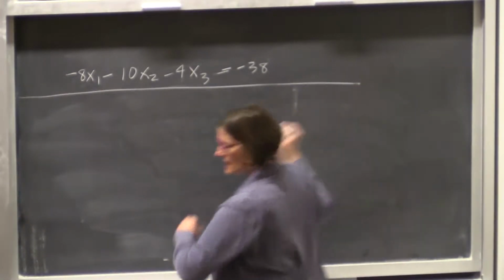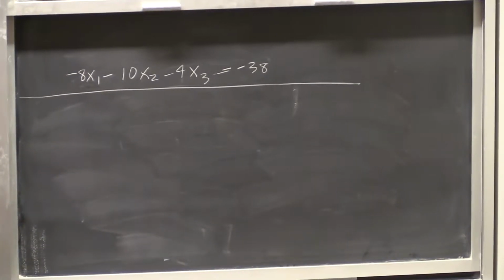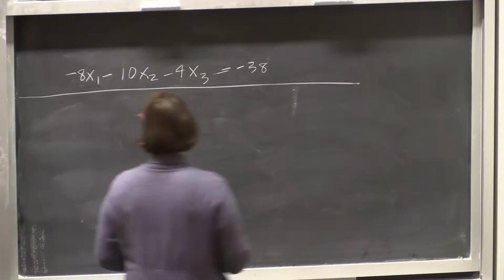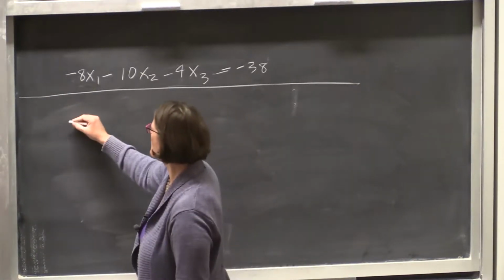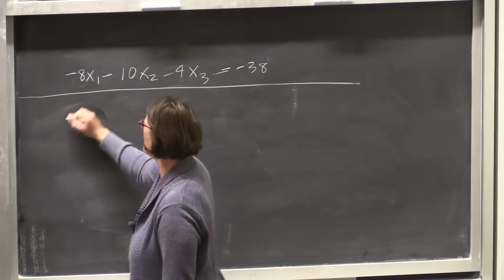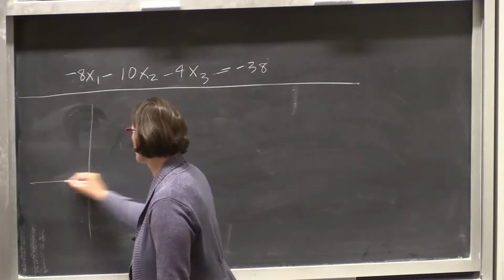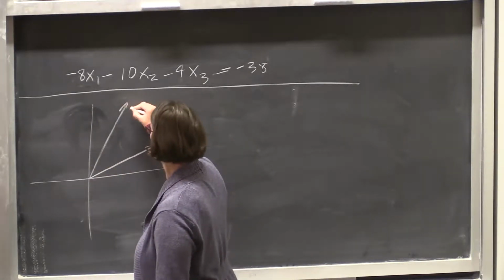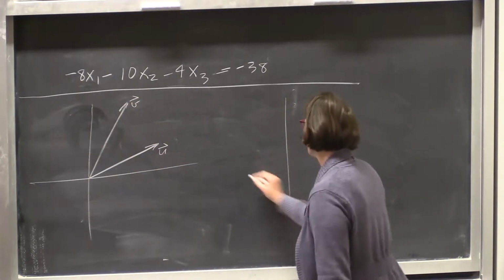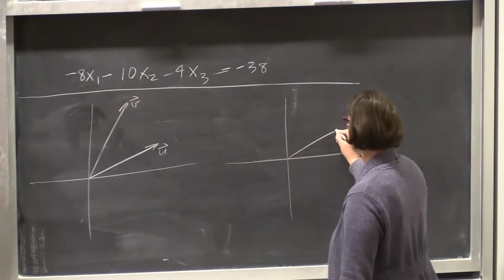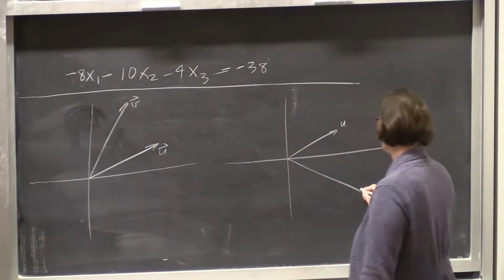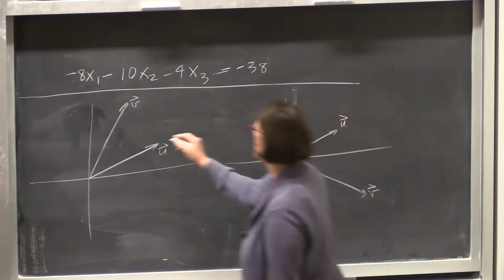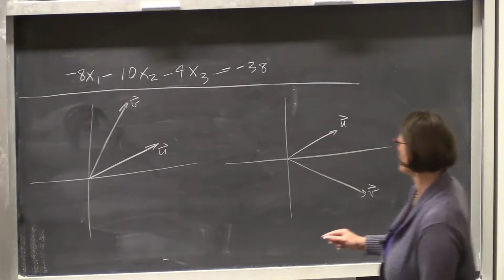Okay. Now, geometry. So you recall from the dot product that if you have two vectors, the vector u and the vector v, then between these two vectors there will be an angle.